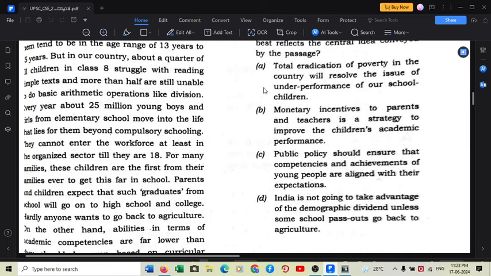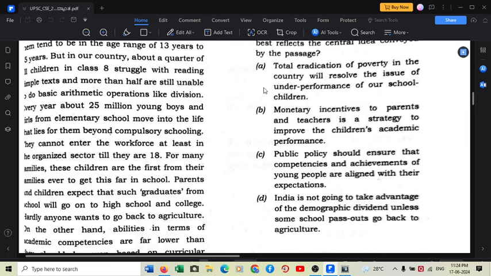Option D, India is not going to take advantage of the demographic dividend unless some school pass outs go back to agriculture. So see, this is another statement that is irrelevant to the passage. Nowhere are we talking about demographic dividend, though demographic dividend has an indirect implication from the passage. So what is demographic dividend?